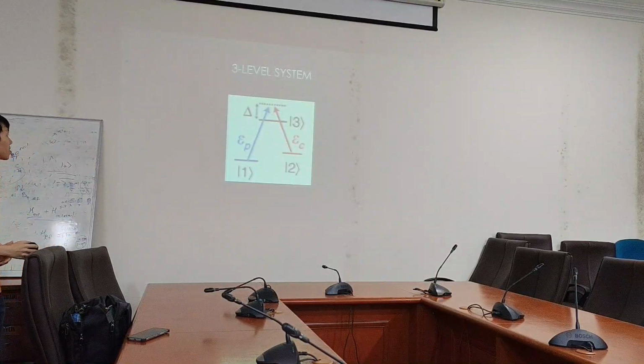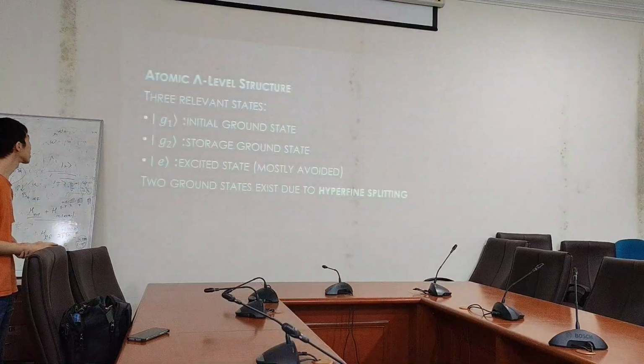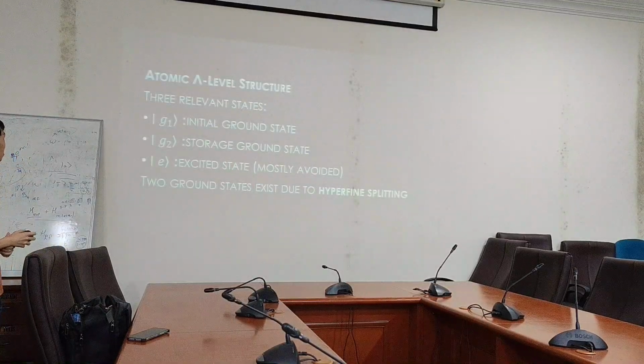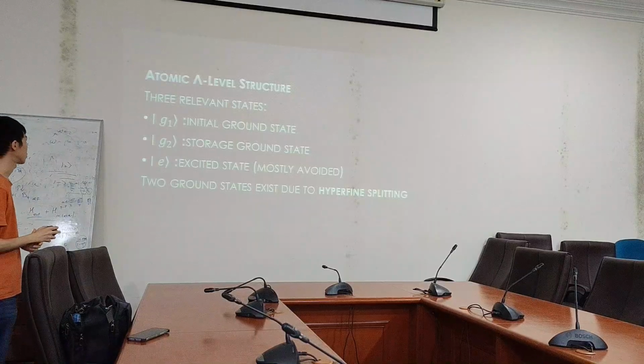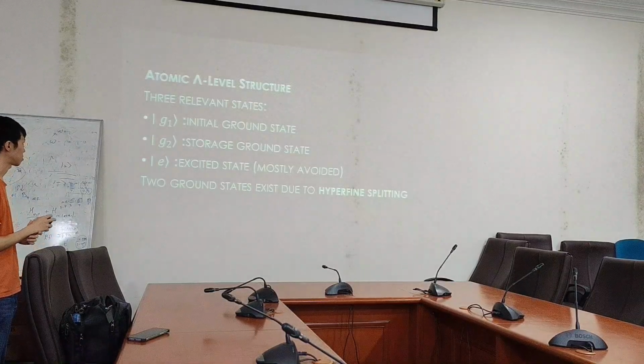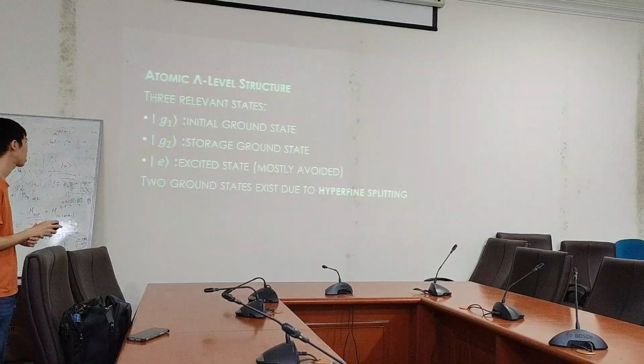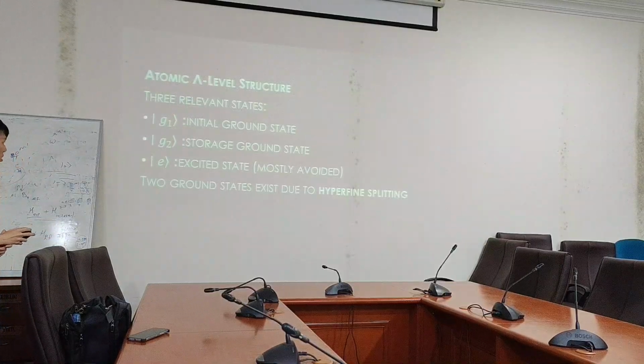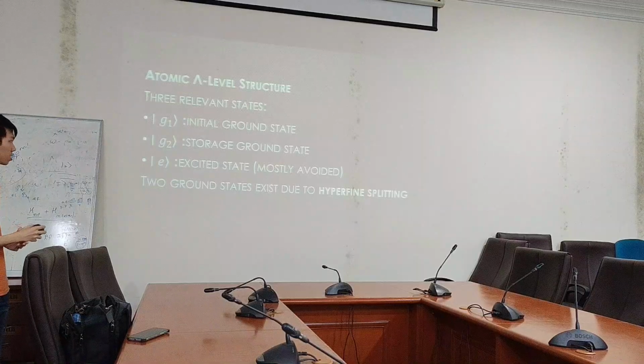This is the three-level system. The atomic three-level structure has |g1> as the ground state and |g2> as the storage ground state. |e> is the excited state. We mostly want to avoid it because we don't want to excite it and cause spontaneous emission.